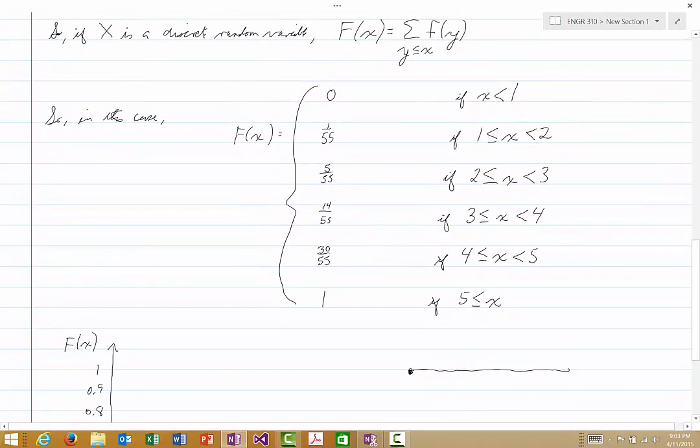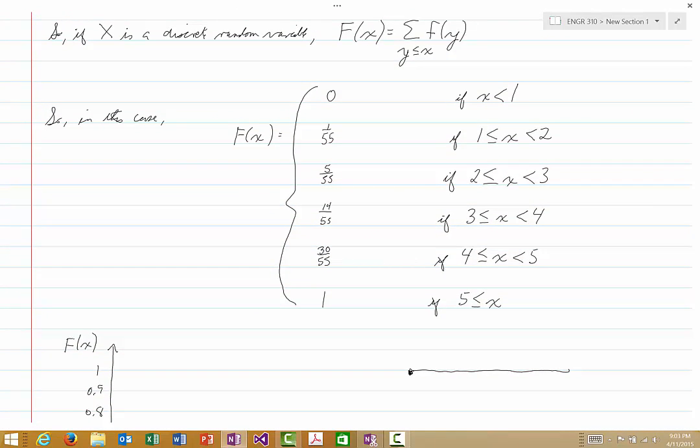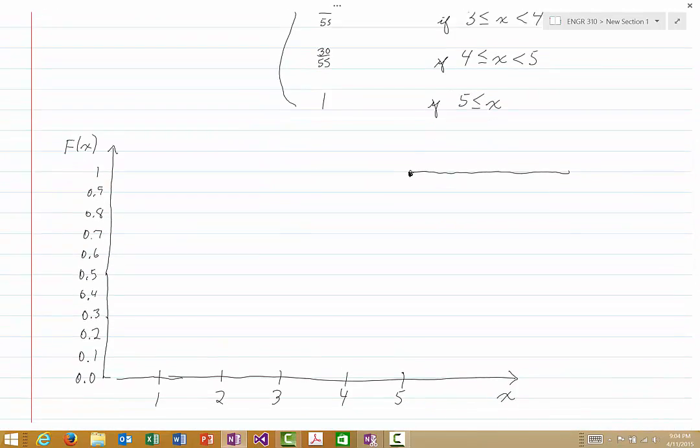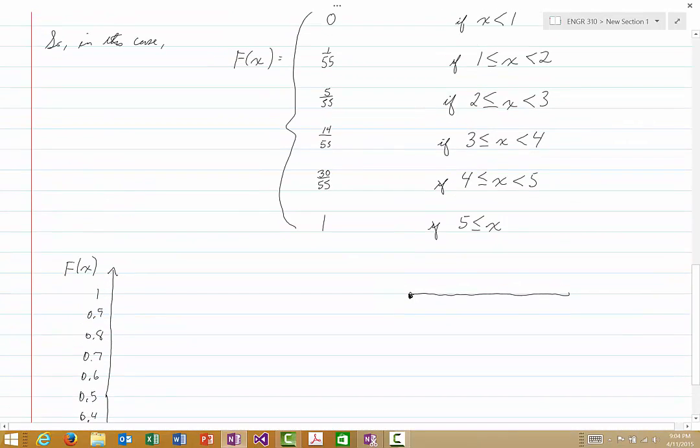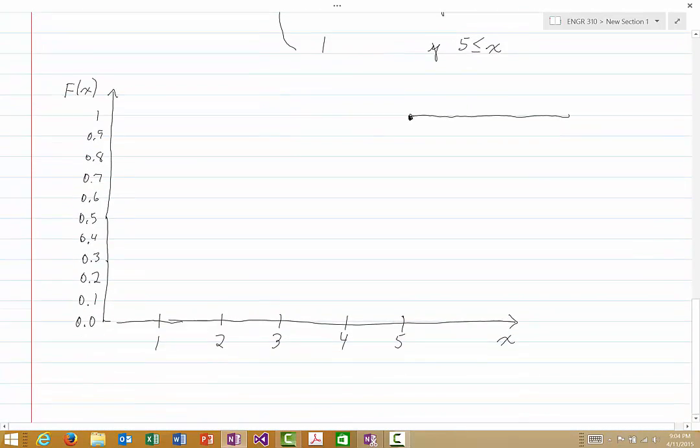And furthermore, we know that if little x is greater than or equal to 1 but less than 2, it's going to be equal to 1/55th.